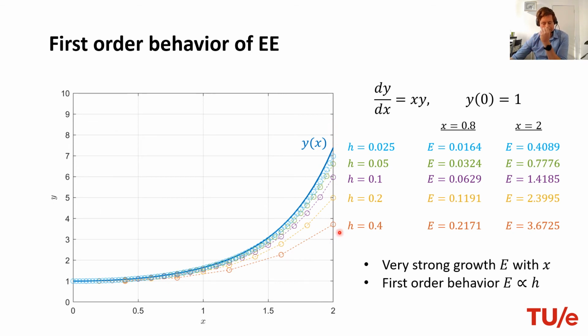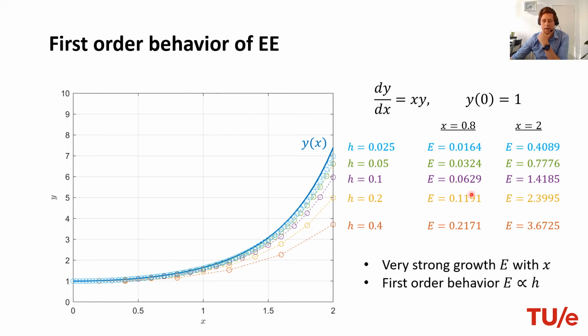So let's look at some observations here. What we find is that if we look at constant h and we increase x, this truncation error really kind of explodes.